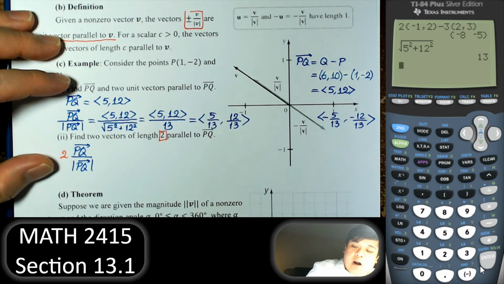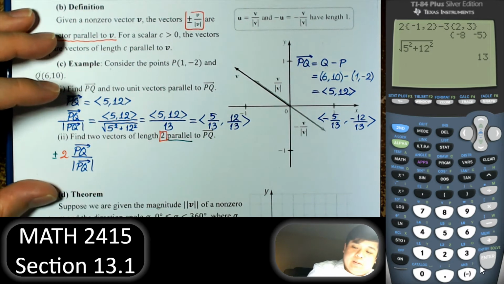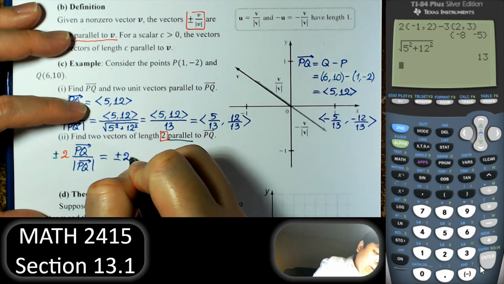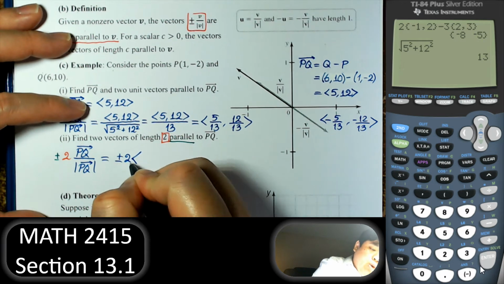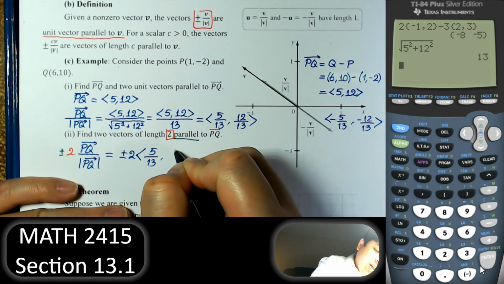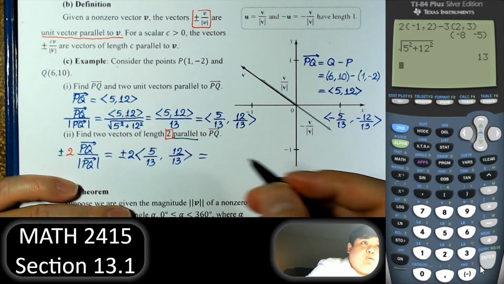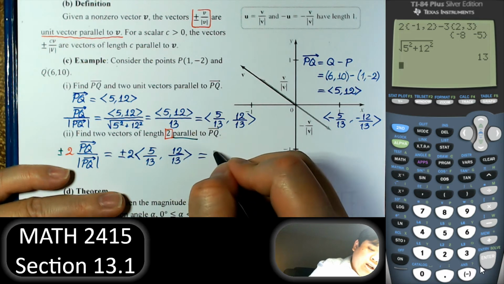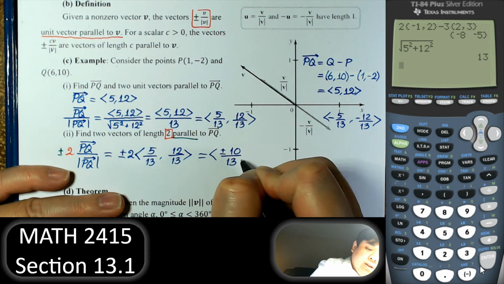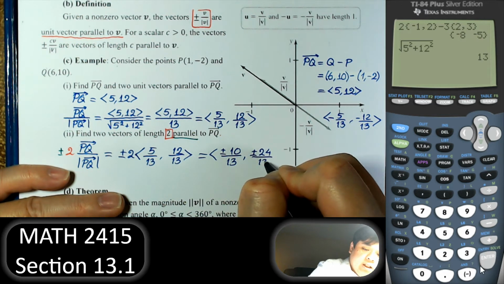And parallel can be either direction, so plus or minus 2 times 5 over 13 and 12 over 13. Don't put a dot there. That will be misleading later. Multiply the plus or minus 2 inside. We have plus or minus 10 over 13, plus or minus 24 over 13.